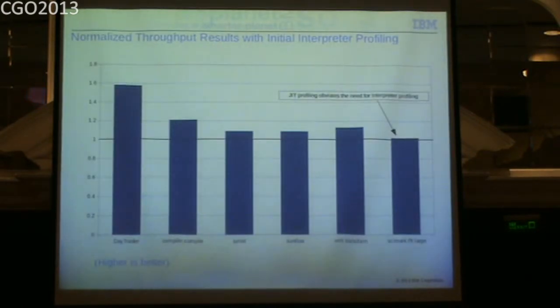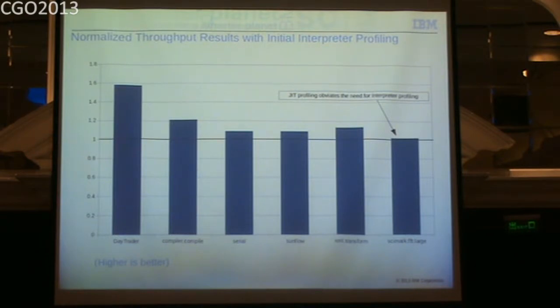So to help further motivate you, here's some of our throughput results with our initial interpreter profiling implementation. On the y-axis, we have normalized throughput results compared to an implementation without interpreter profiling, and on the x-axis are a series of benchmarks.